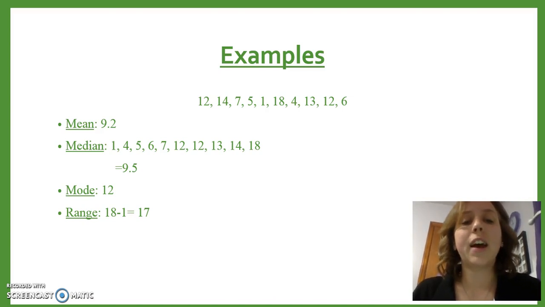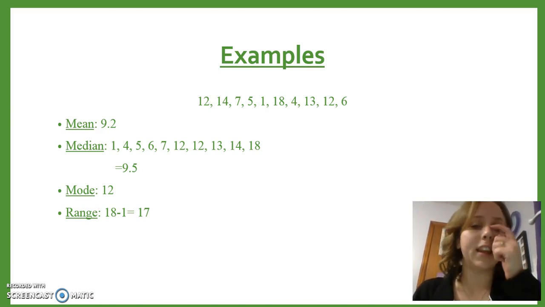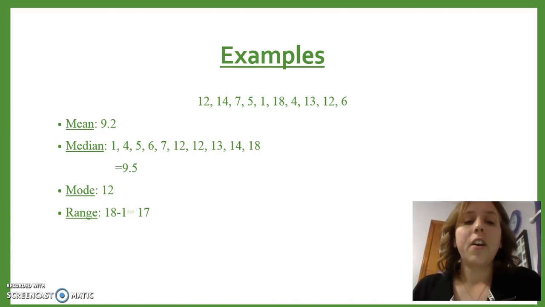The median, the way that I do the median: the number set that I gave y'all is not in order, so I put them in order from least to greatest. Then I start by saying, okay, I can cancel the 1 and the 18, the 4 and the 14, the 5 and the 13, the 6 and the 12, so I'm left with 7 and 12.